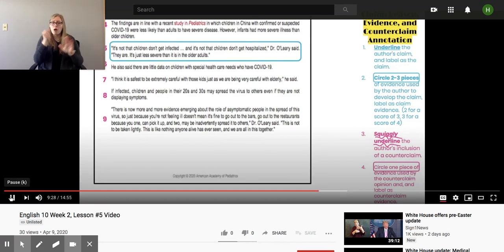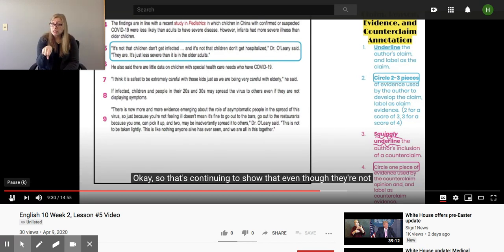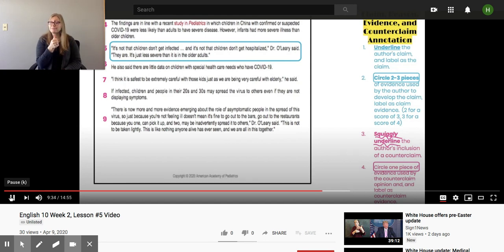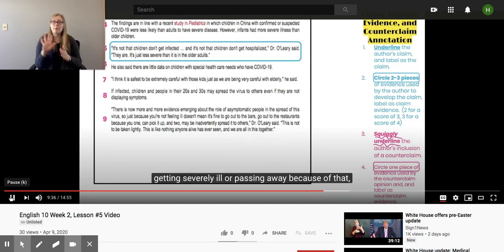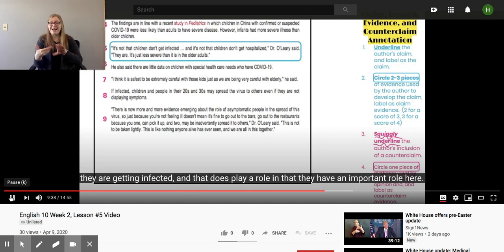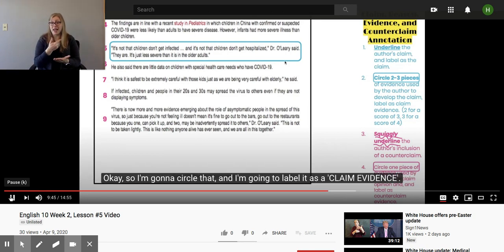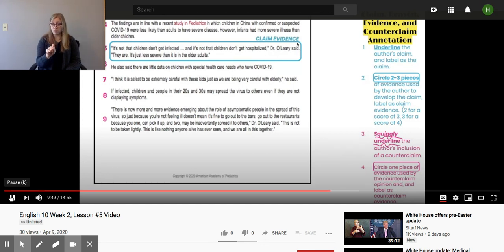They are. Okay, so that's continuing to show that even though they're not getting severely ill or passing away because of that, they are getting infected. And that does play a role in that they have an important role here. Okay, so I'm going to circle that and I'm going to label it as claim evidence.